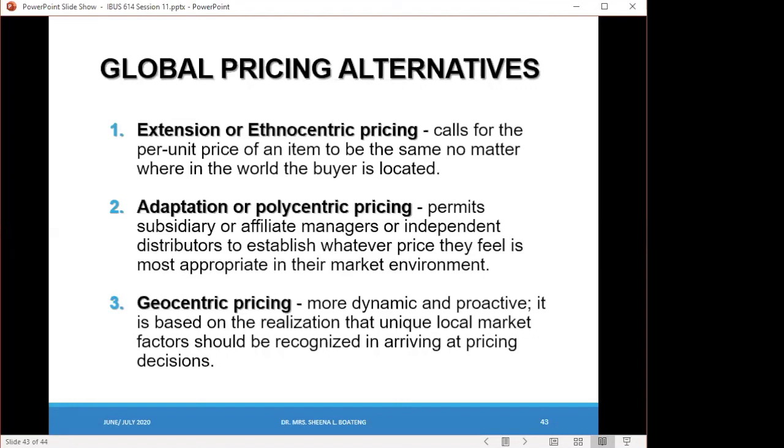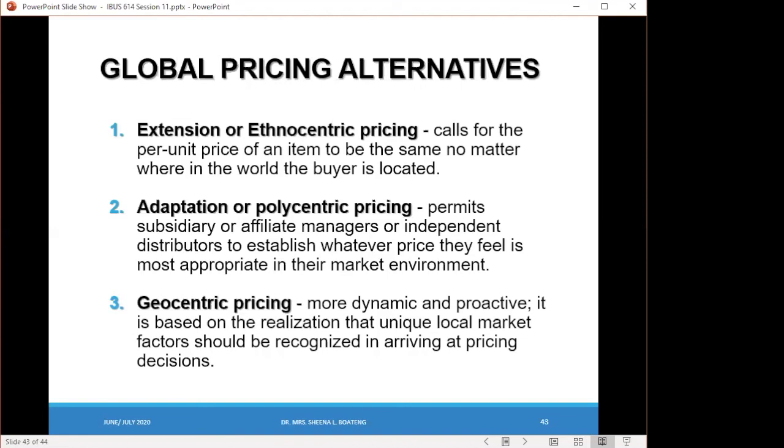Perhaps there are more cost implications in those markets, and therefore the product would have to be sold at a higher price to be able to recoup the amount of investment or resources that have been put into marketing the product in those markets. And hence, it may call for an adaptation or polycentric pricing approach.